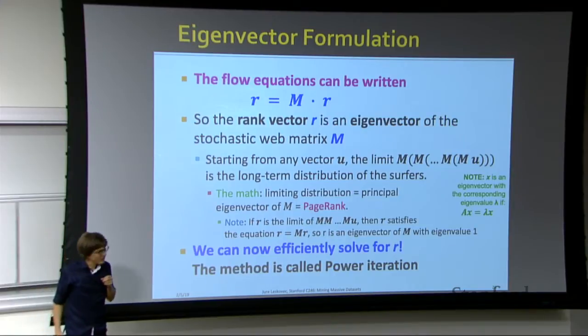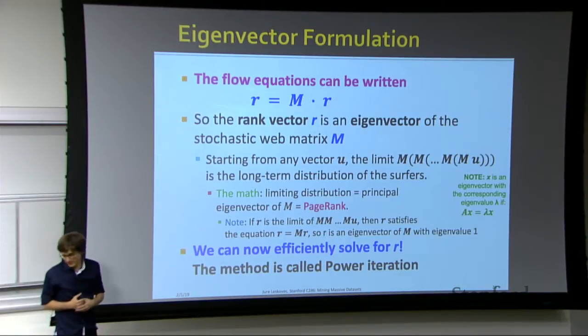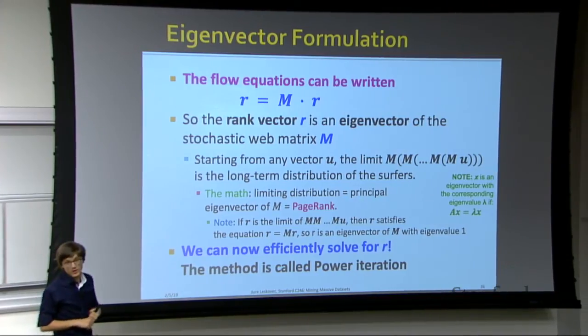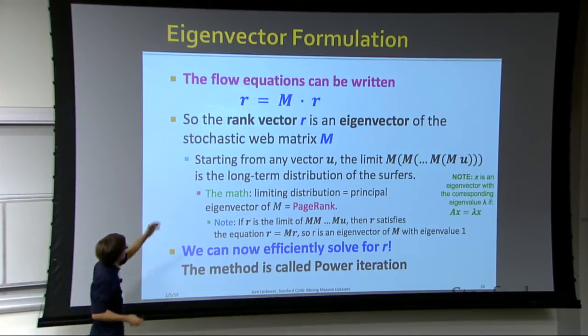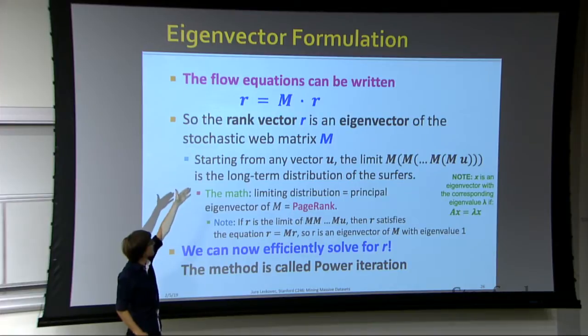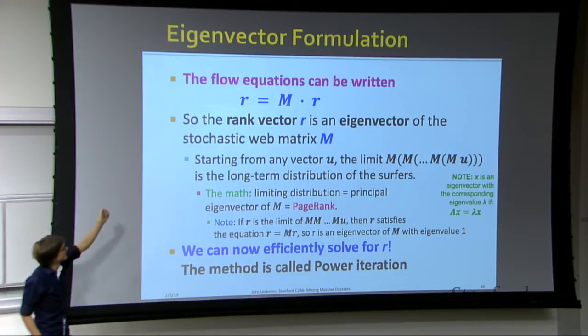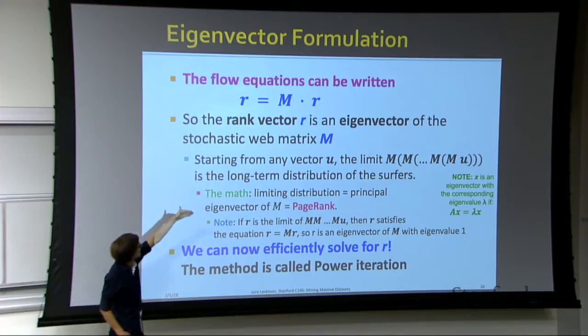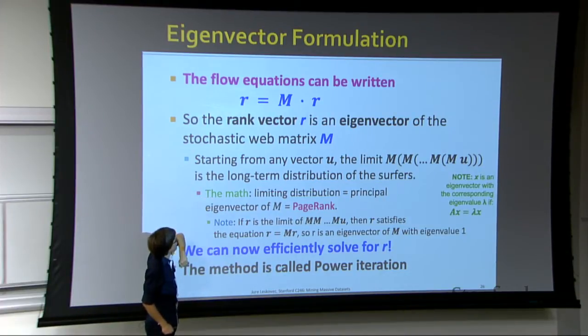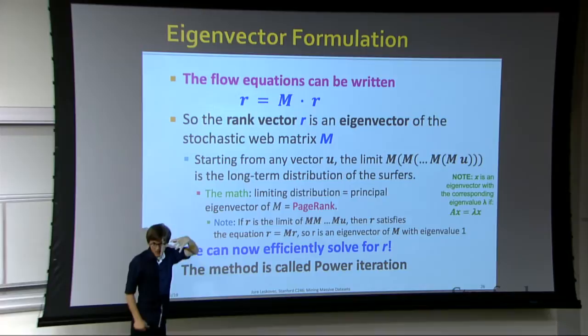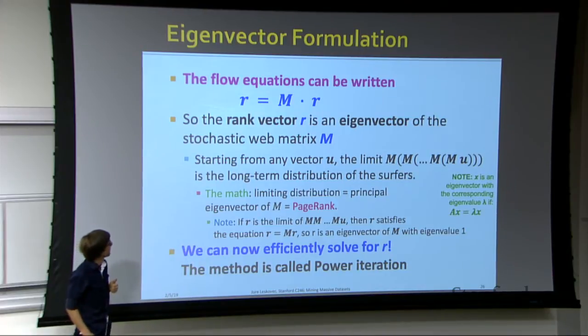So I will now give you a quick explanation of this eigenvector formulation of PageRank. I'm saying flow equations can be rewritten as R equals M times R. What this means is that the rank vector R is the eigenvector of the web matrix M, this transformed matrix M. And here is another thing.